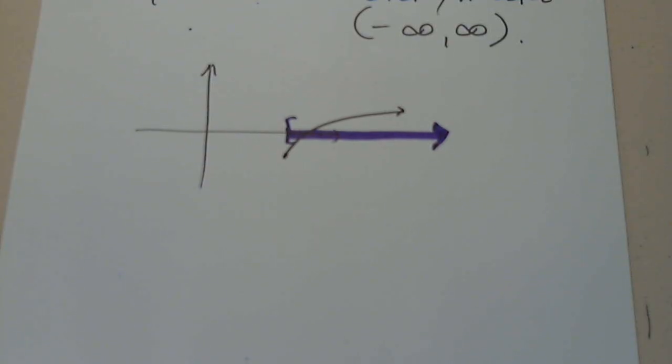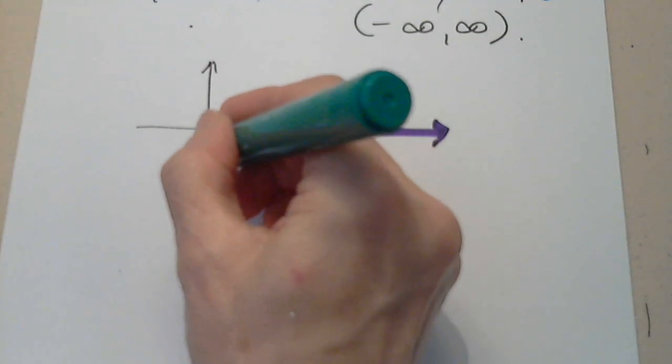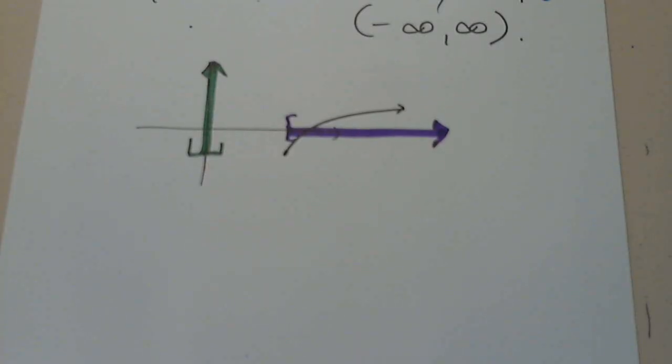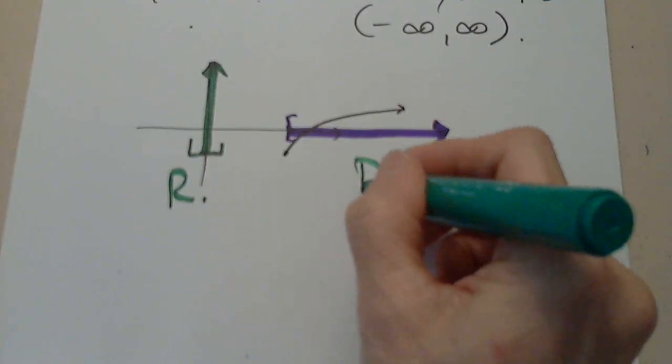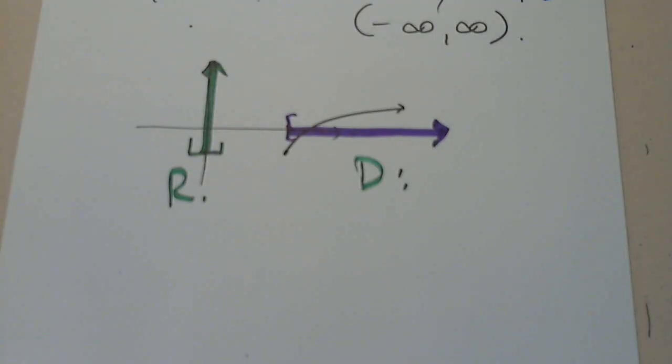What about the range? Well, the range will start at this point with a bracket and will go all the way to infinity. So this is the range and this is the domain. And now we can read from the graph.